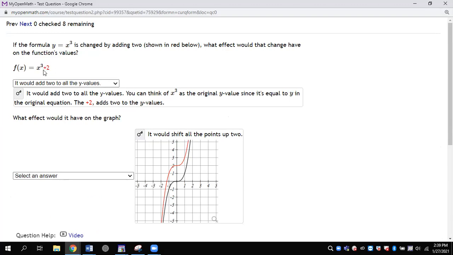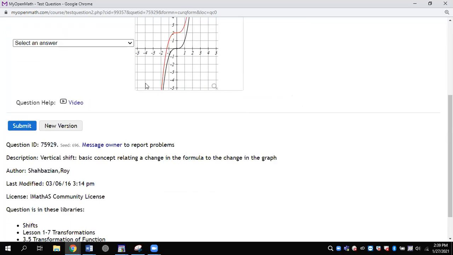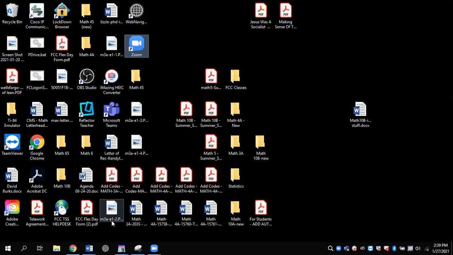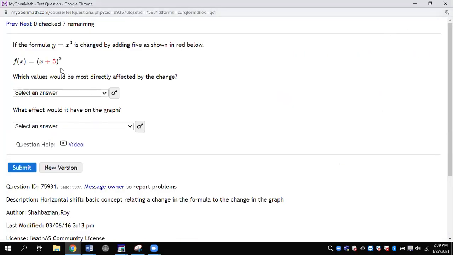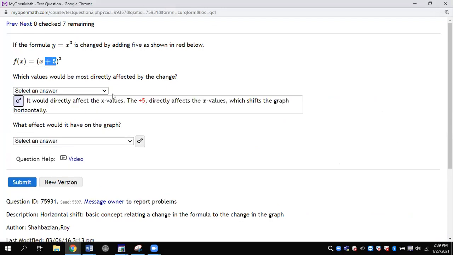It's not in the parentheses next to x. That's the only way to add to an x value, to be in the parentheses next to x. It's not for this one. All right. And then number 2, here's number 2. This one has a 5. What is that 5 doing? Well, that one's in the parentheses. So it's going to affect the x.